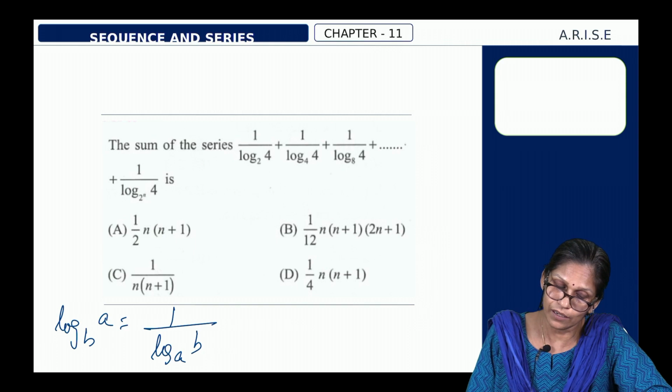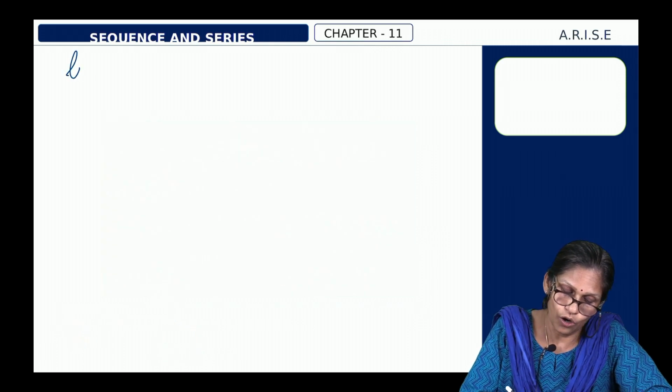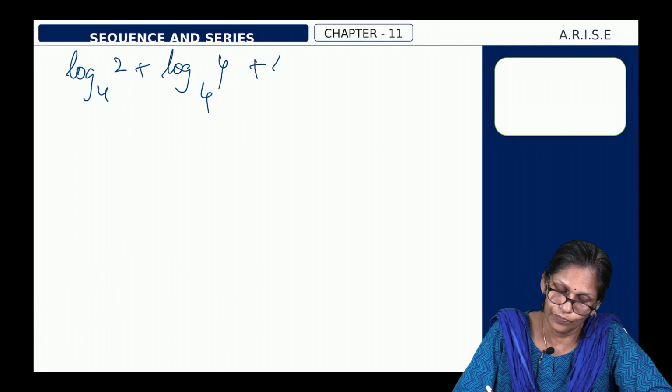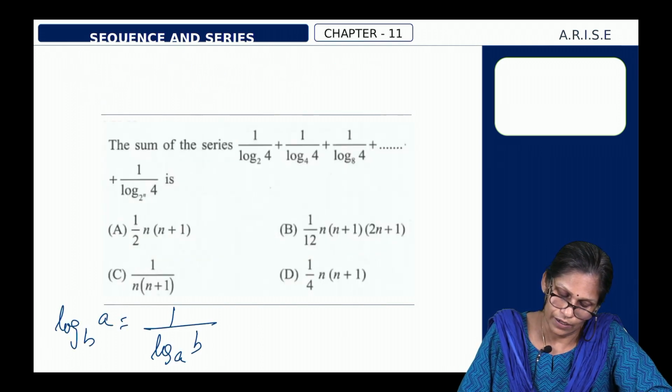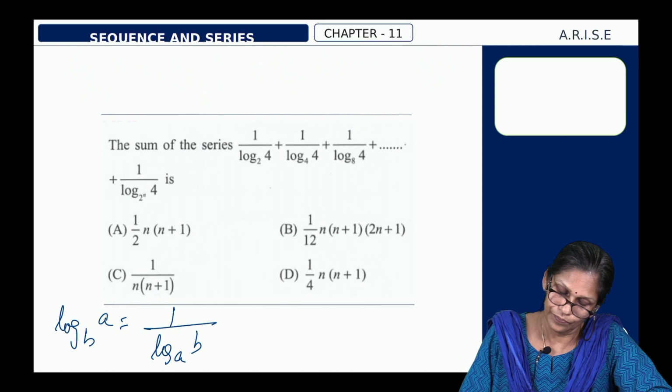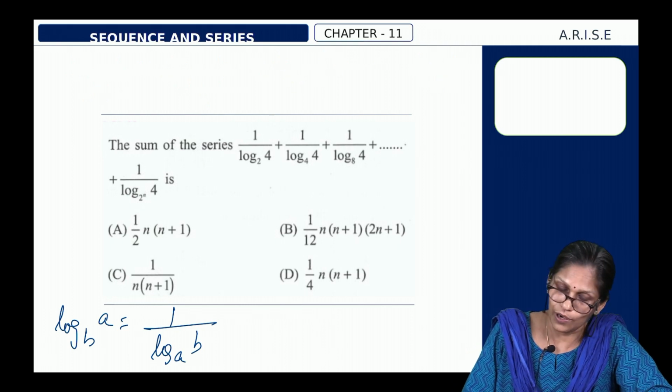So, the terms here are now going to be log 2 to the base 4, plus log 4 to the base 4, plus log 8 to the base 4, plus etc., plus log 2 raised to n to the base 4. That is what you are asked to find.